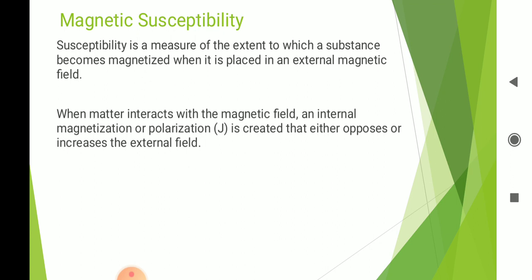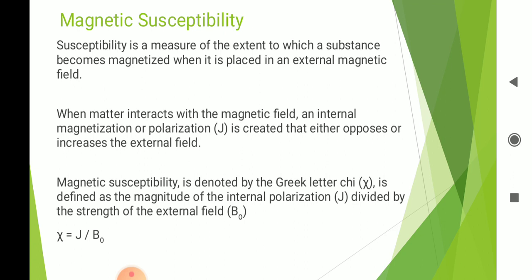Therefore, chi equals J divided by B0, where J is the internal magnetization or polarization, whereas B0 is the strength of the external field. Since it is the ratio of two magnetic fields, susceptibility is a dimensionless number.